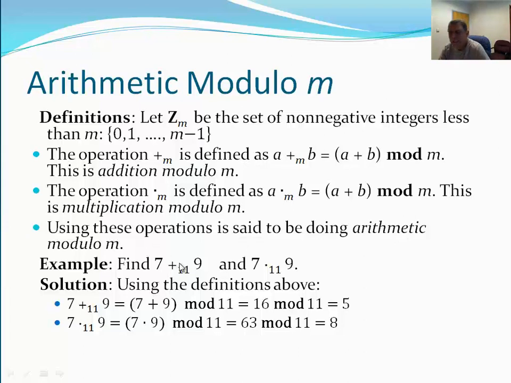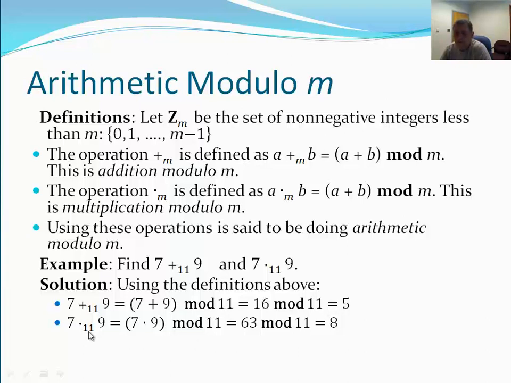For example, 7 plus sub 11 9, and what is that? This means 7 plus 9, which is 16, mod 11. There is only one 11 in 16, so the remainder would be 16 minus 11, which is 5.